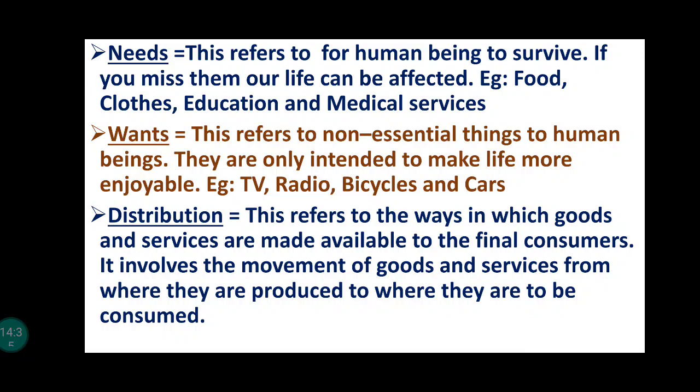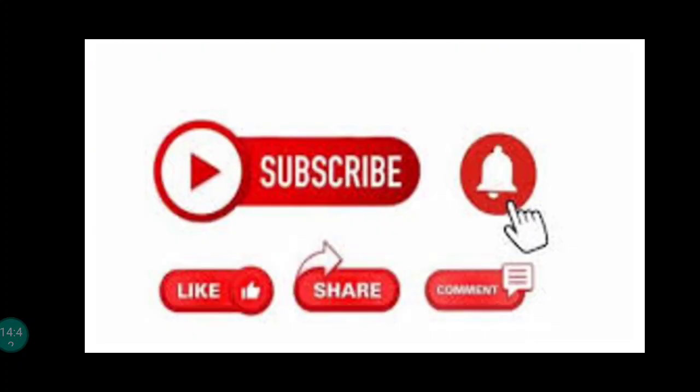So distribution refers to how these goods and services are made available to the final consumer. It involves movement. So students, we saw here the meaning of commerce and many terminologies. Then we saw what is trade and aids to trade in short.